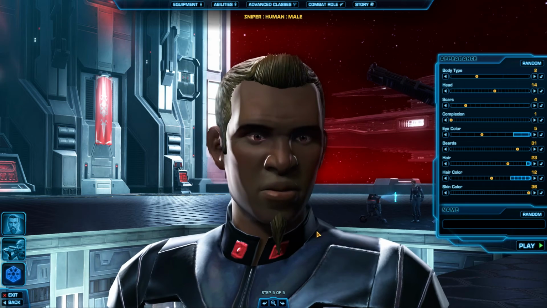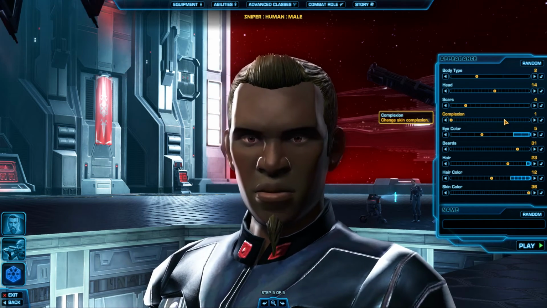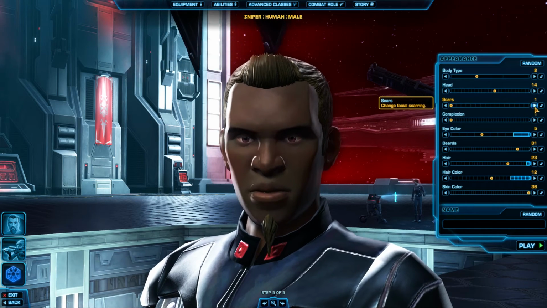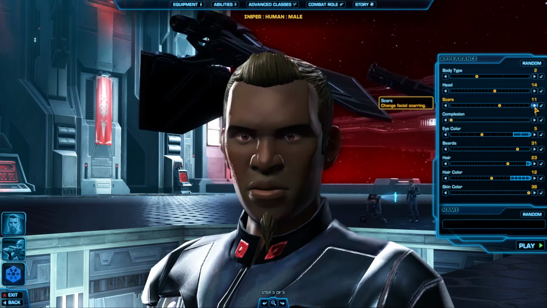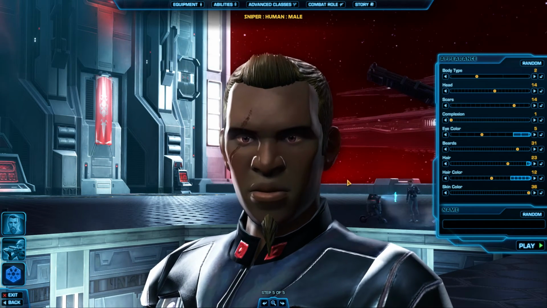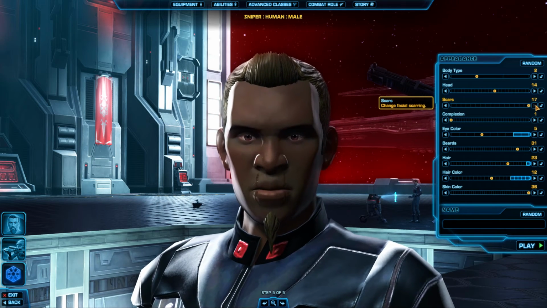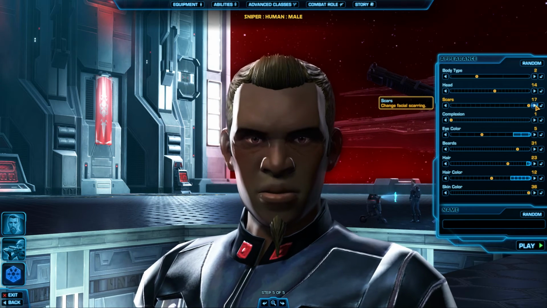I love this scar when you're playing the smuggler. This gives you that Han Solo type of feel, right? And then you've got different ones like this one right here. Gives you a bit of an Anakin Skywalker type of feel. Some of them are a little crazy. This one gives you maybe an older person.